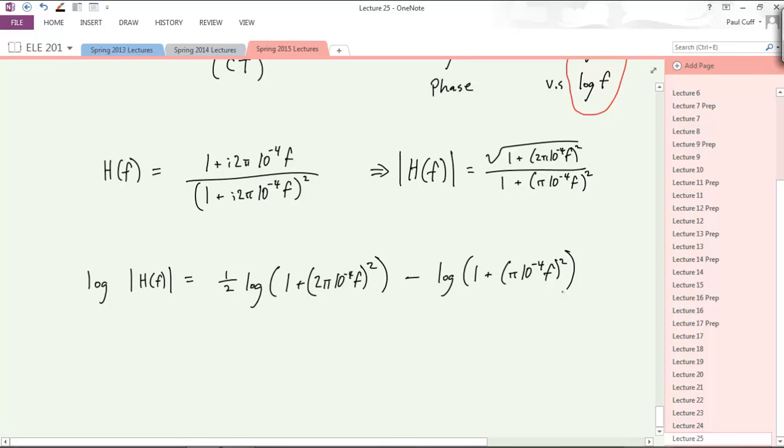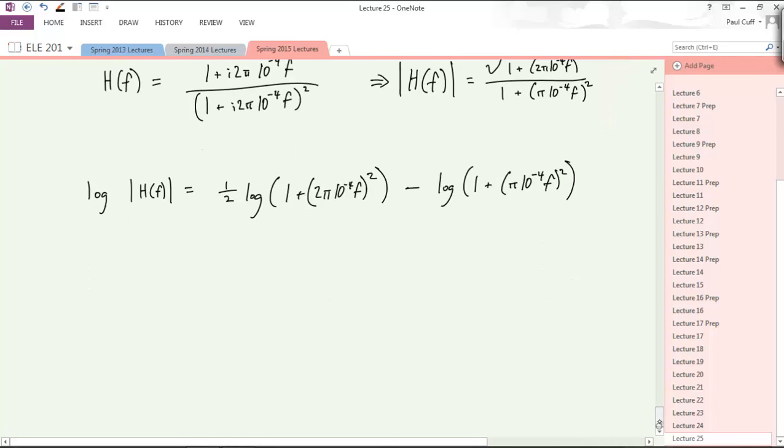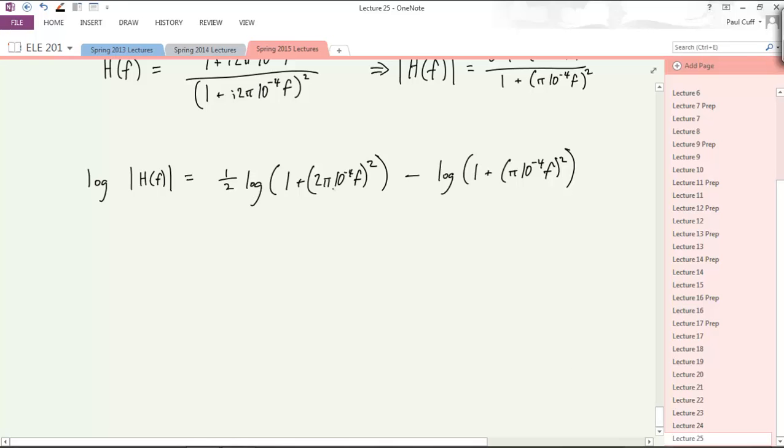Now, here's the key. When you add two things in a log, if you have a log of a sum, often a good approximation is that this is the log of the max of the two. First of all, it's bigger than the log of the max, so this is a lower bound.